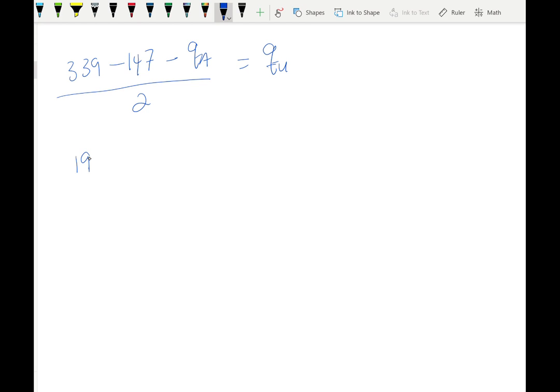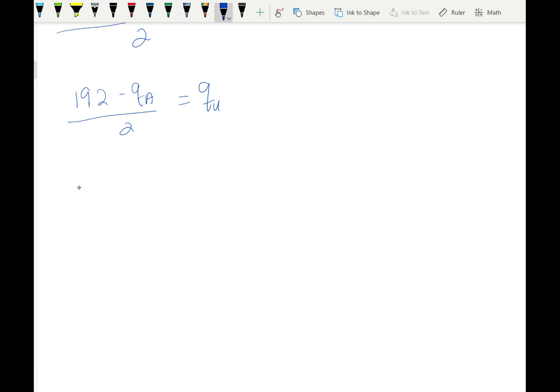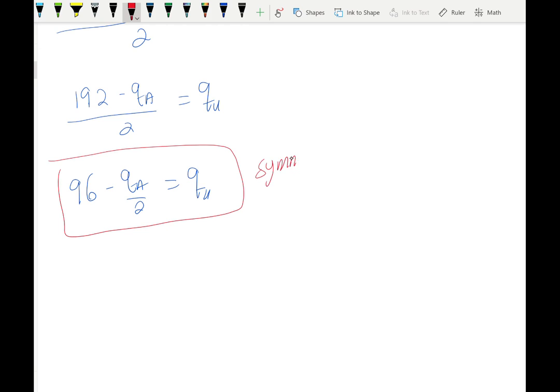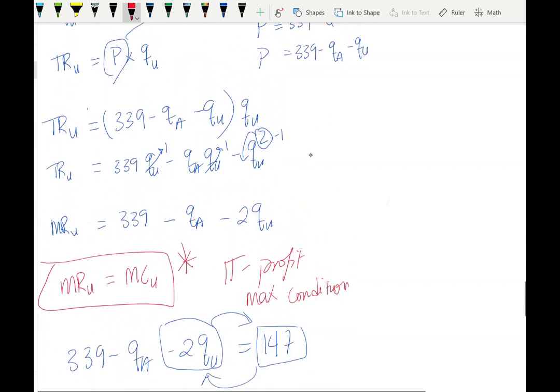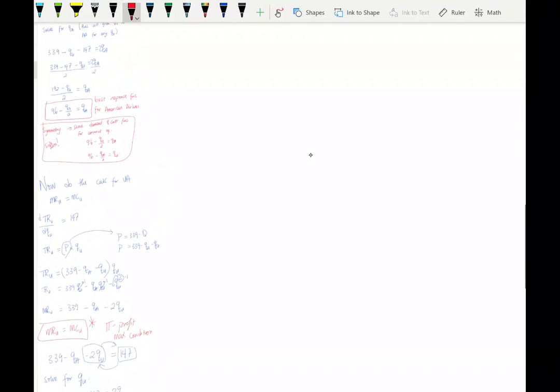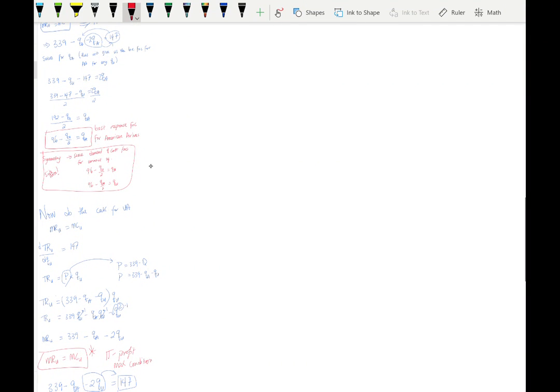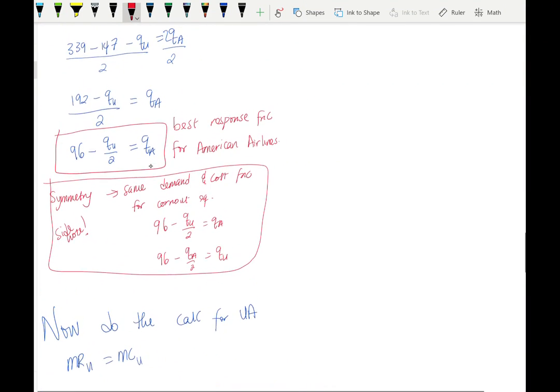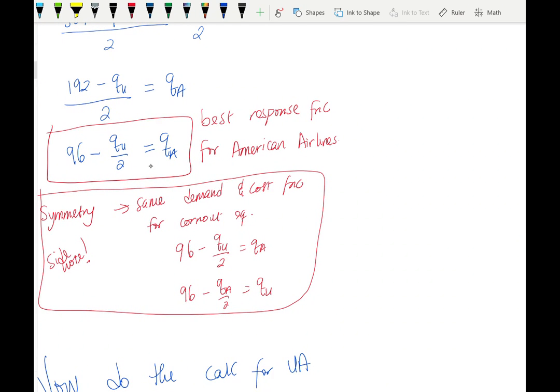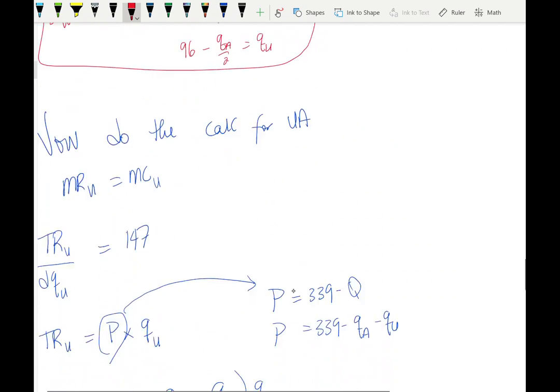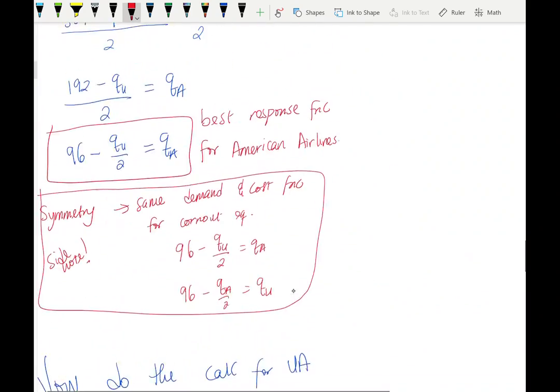So 192 minus QA over 2 is equal to QU, and so 96 minus QA over 2 is equal to QU. And like we said earlier, there is that wonderful symmetry: doing this calculation for American gave us a glimpse into what United's best response function would be.